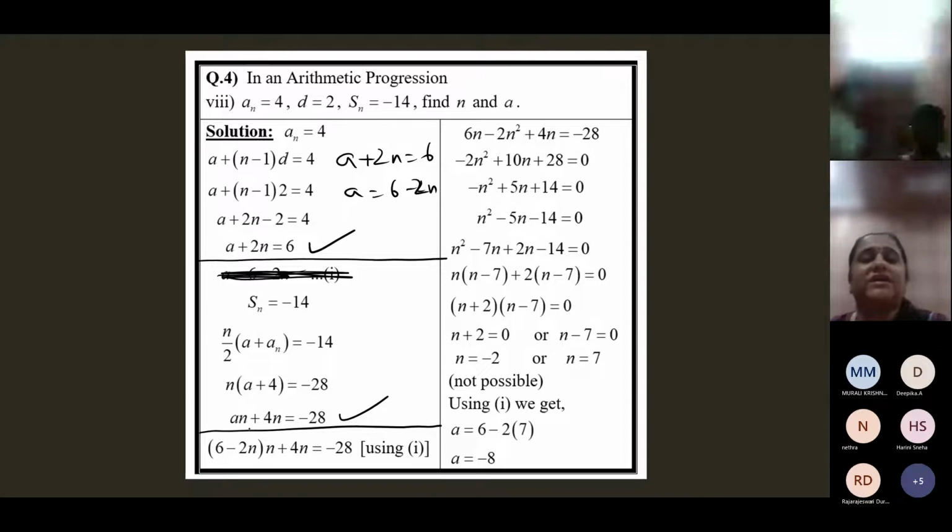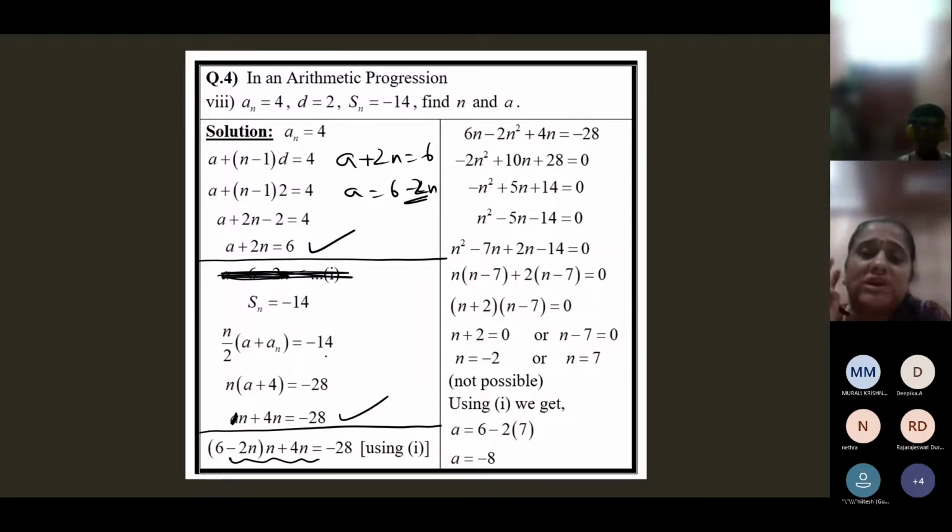Substitute this in the second equation. So in the second equation where you have a, use 6 minus 2n. That way, in the second equation, a is eliminated and substituted with 6 minus 2n. So now this equation has only one unknown, n. You can solve that and find the value or values of n.